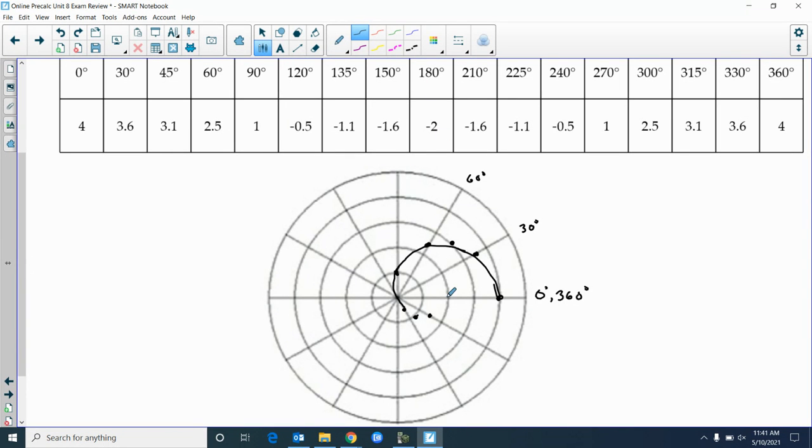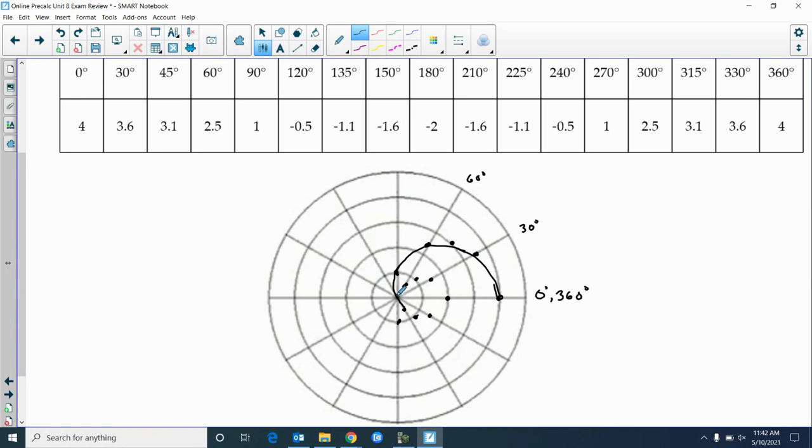180 is negative 2. 210 is negative 1.6. So here would be 210, go through here. 225, which would be halfway in between, is negative 1.1. So that's going to be right there. And now at 240, we get negative 0.5. And now we go back to the positives where 270 is 1.